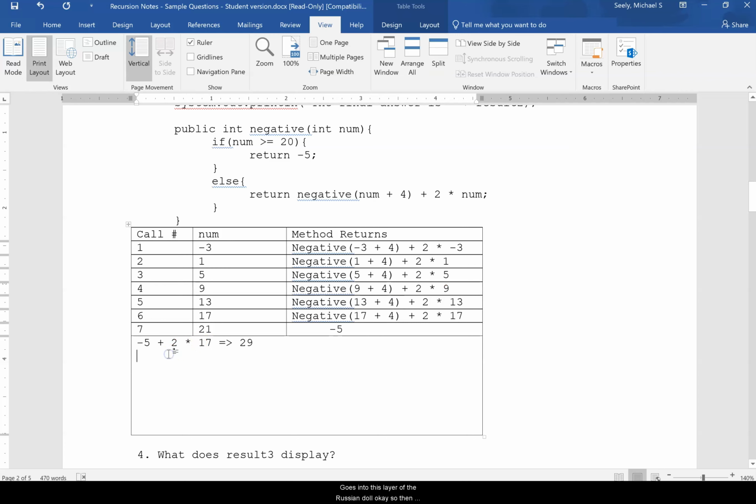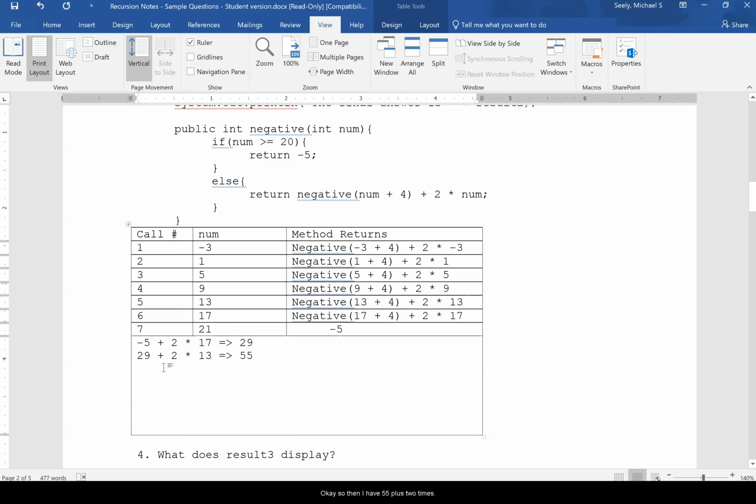Okay? So then you've got 29 plus 2 times 13. And that is 55. Okay, 55 is this whole thing. It goes into this Russian doll's layer.